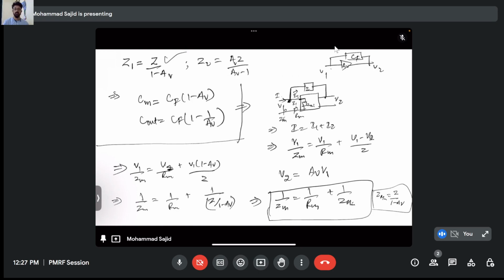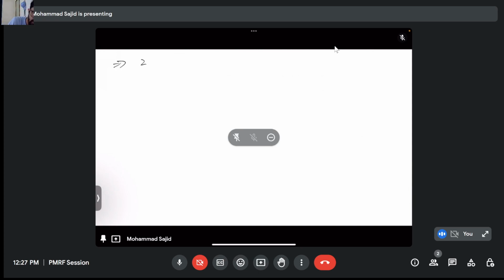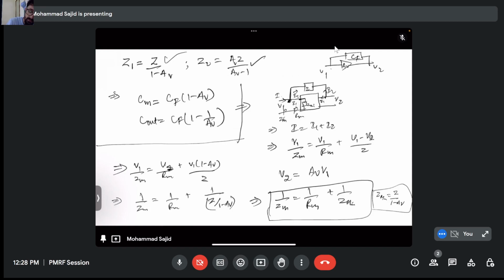Similarly, we can apply KCL at node 2, find this as I1 and I2, and you can get this second equation. Now if Z is a capacitance, then Z will be equivalent to 1 by omega C. So it will just be a reciprocal.